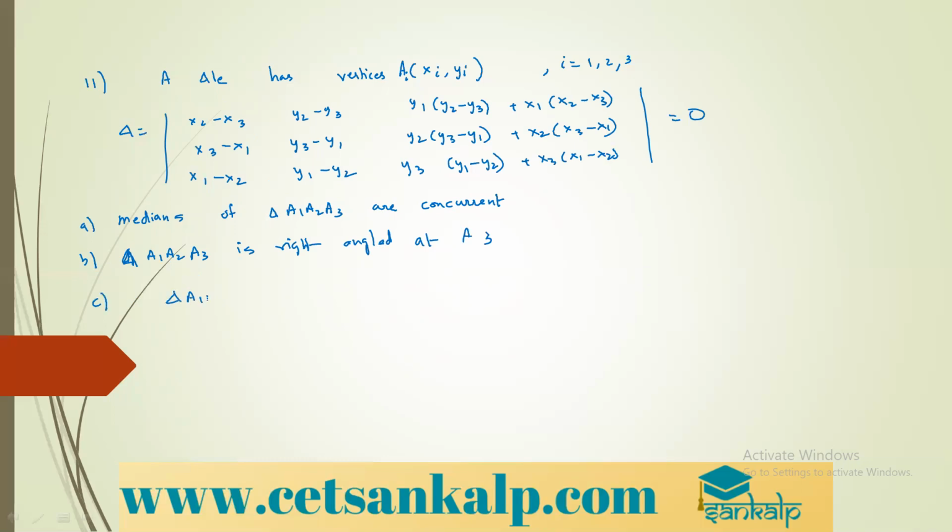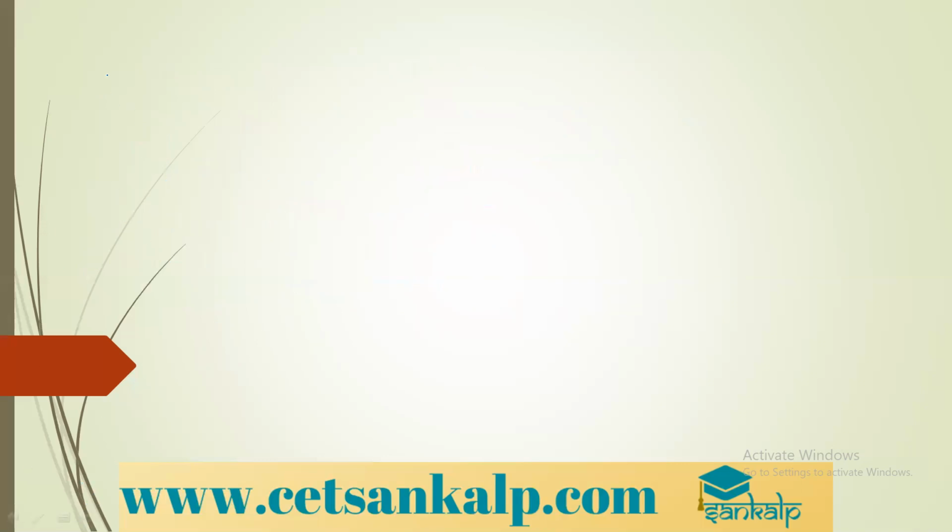The triangle A1, A2, A3 is an equilateral triangle, or altitudes of triangle A1, A2, A3 are concurrent. Which one is true? That we have to find.